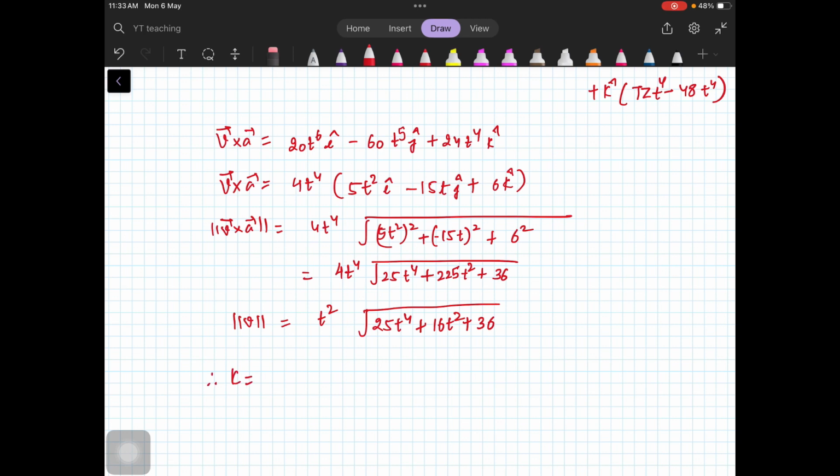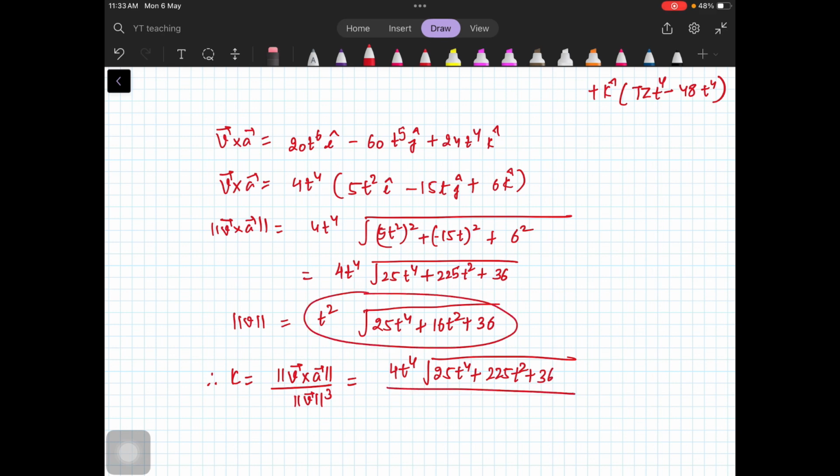Therefore, curvature is the magnitude of V cross A upon the magnitude of V cube. So that would be 4t raised to power 4 times the square root of 25t raised to power 4 plus 225t square plus 36, and then you have to take the cube of the velocity magnitude.